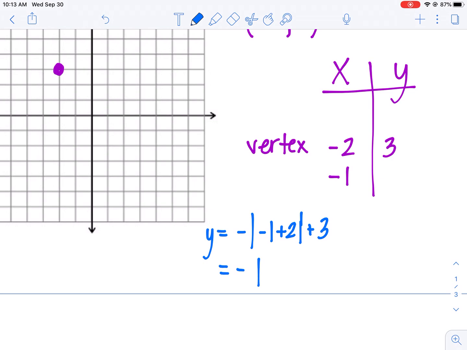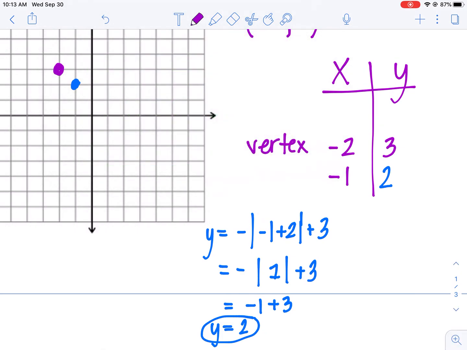In the absolute value, I get +1. What comes out is positive, but since there's that negative, my y value would be 2. If I input -1, I would get out 2. So -1, up 2. Good. It's starting to go down. That should happen.